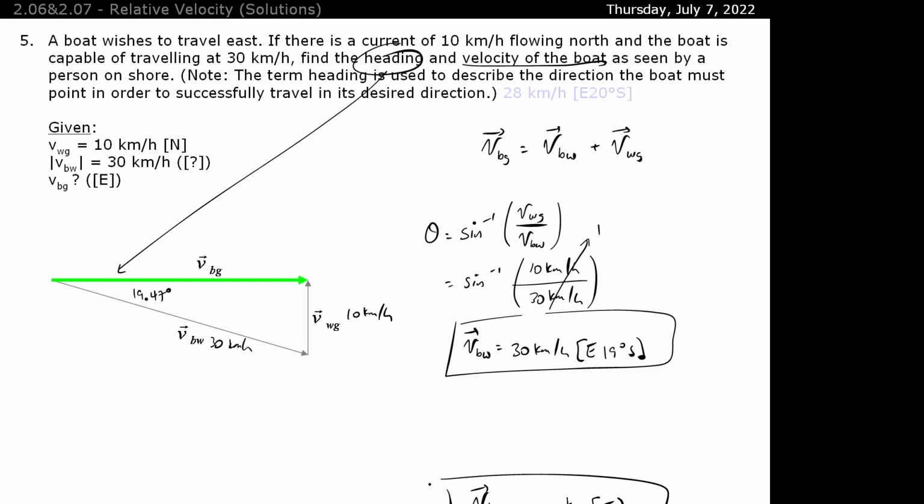I'm just trying to think of how I'd solve this. You could use trig. I think I'm just going to use the Pythagorean theorem. Okay. We know the hypotenuse VBW squared is equal to VBG squared plus VWG squared, and we're trying to look for VBG. That's equal to VBW squared minus VWG squared, square rooted.